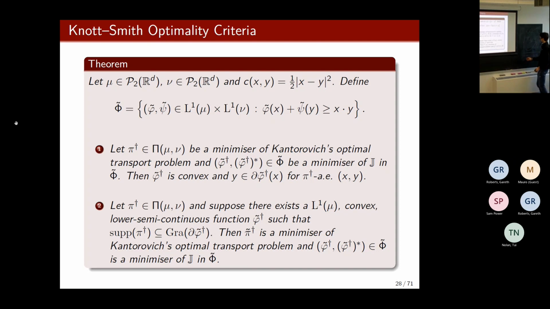If I take the gradient, it should be sort of increasing. I've drawn it quadratically, so maybe it looks something like this. So the point now is that the support of my pi dagger is on the purple line.